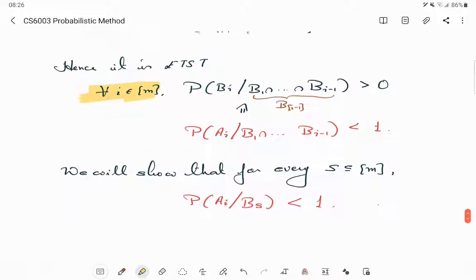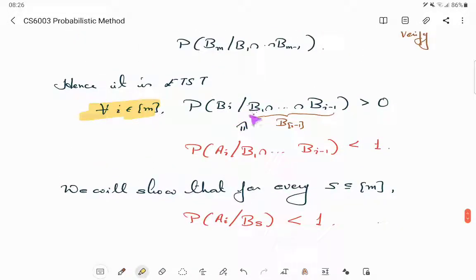Instead of showing P of Bi given these, we show that the complement of that within the conditioning, which is the probability of Ai given the same thing, is less than 1. This also I'll leave as a verification exercise. But again, what is the soul of it?